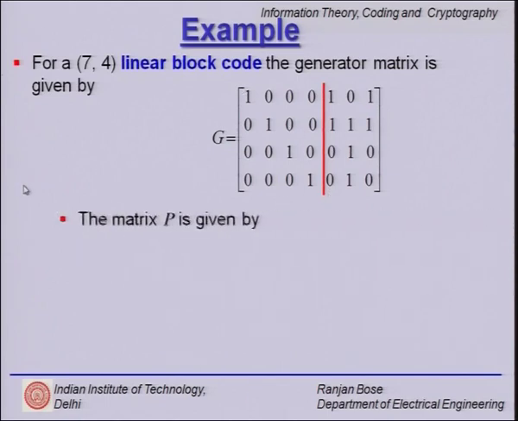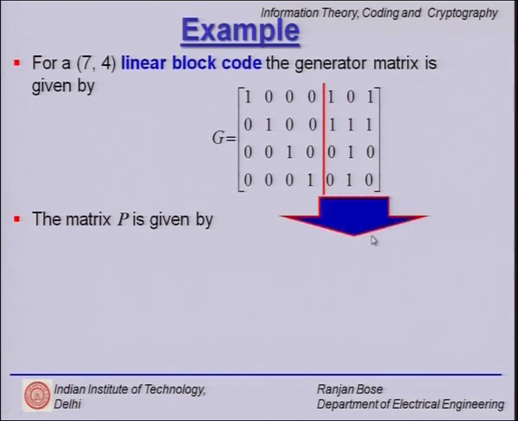Now if you were to find the corresponding parity matrix, first we highlight this because ultimately our aim is to find the parity check matrix. The P matrix is this part, so we write this P matrix out explicitly because we have to take minus P transpose.